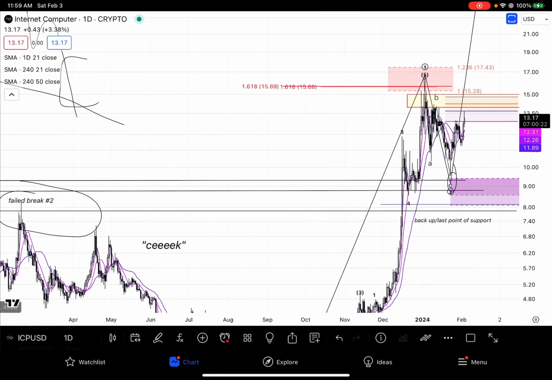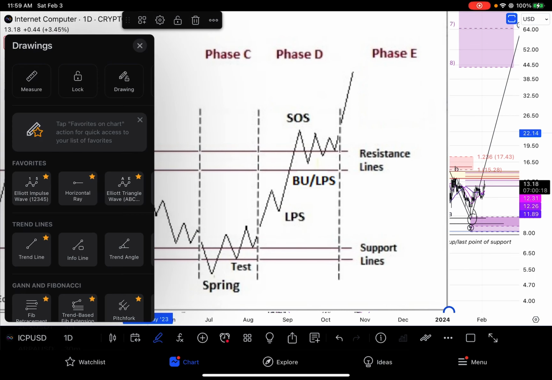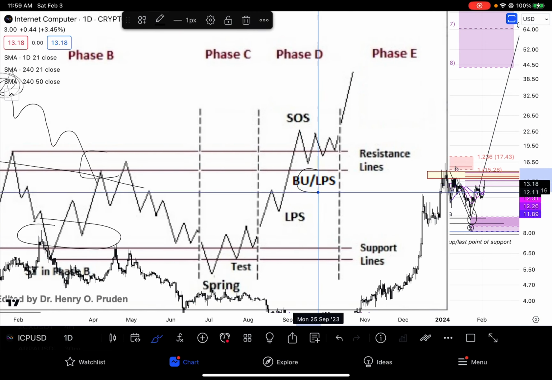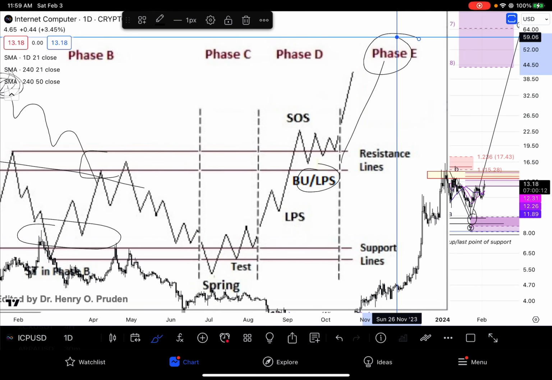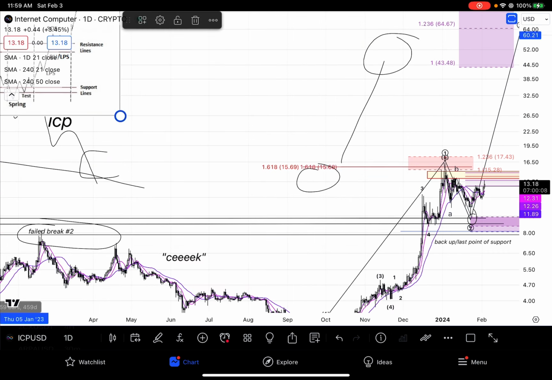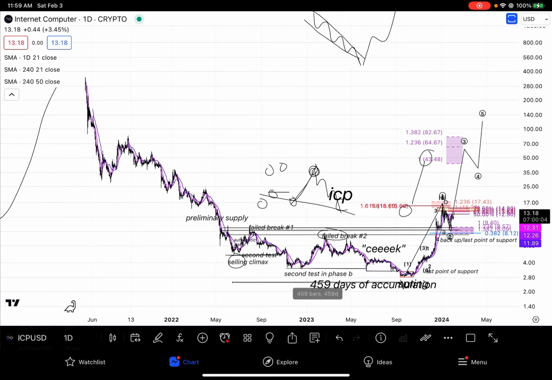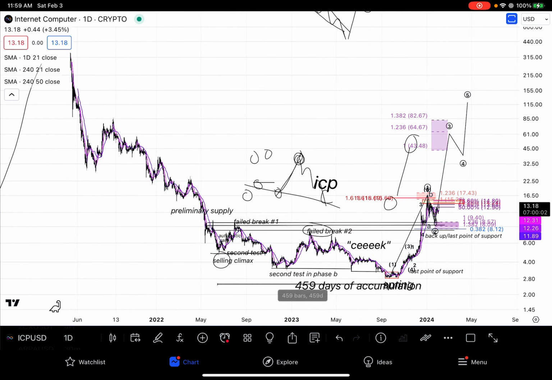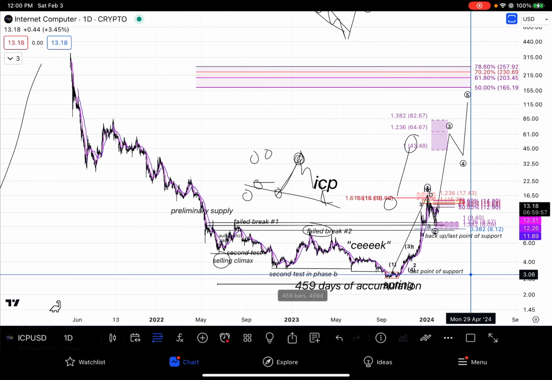After your backup phase is finished, we enter into phase E, and phase E is the point of no return. It's uncharted territory. But at the same time, we will have resistance along the way. So you go to your chart, you take a fib from the very high down to the low.